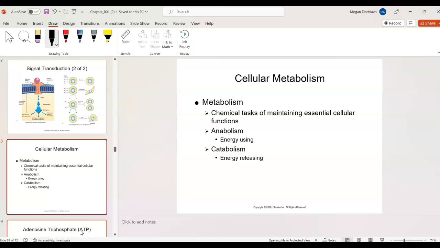Metabolism. Anabolism builds up, catabolism breaks down. You use energy to build structures. Suppose you are a bodybuilder: you need to use energy to build those muscles.